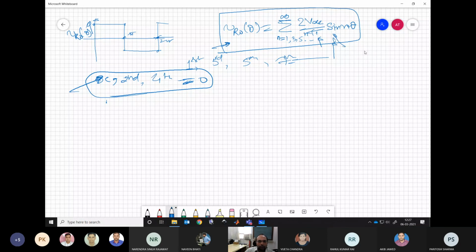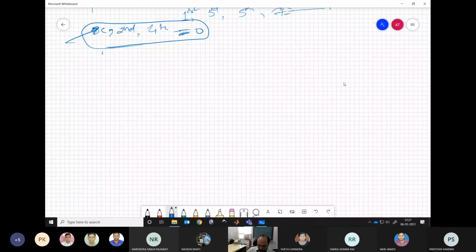Now the thing which I am trying to point out here is that we have, let us say, a fundamental component of 2 VDC by pi. This is the magnitude. So if we write it with a small letter, v1 equals 2 VDC by pi sine theta, or sine omega t, where the magnitude V1 is 2 VDC by pi.